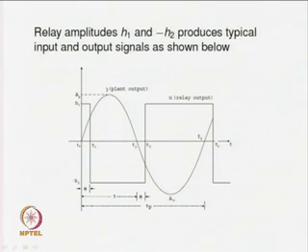The output will be considered for different time ranges. For time t 0 to t 1, we have input h 1, whereas for time t 1 to t 2, we have input minus h 2. Also, from time t 2 to t 3, we have input minus h 2, whereas from time t 3 till t 4, another zero crossing, we get the input as h 1.